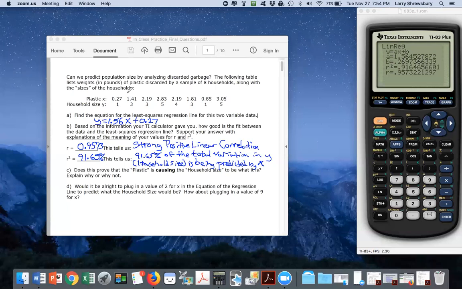So we'll say no. You can't use observational data to prove cause. That one variable is causing the other.